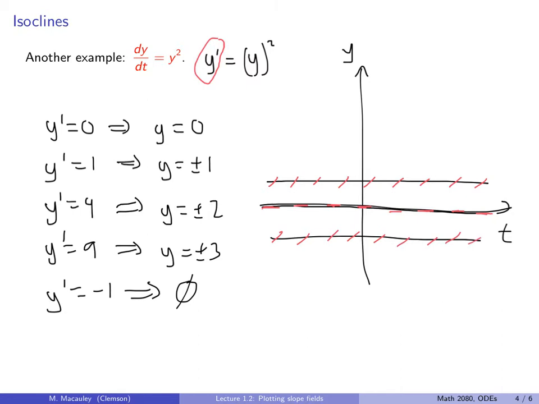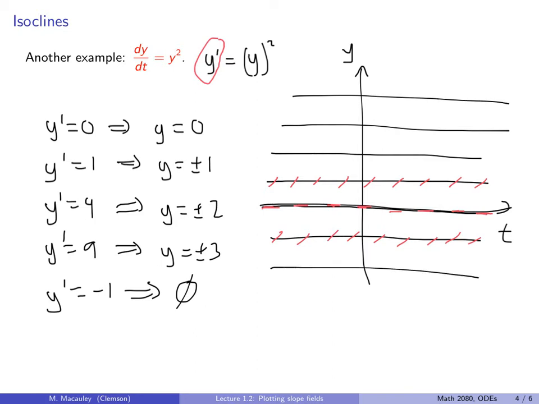Actually I didn't need to draw all those lines, but when y is plus or minus 2, the slope is 4. So along here the slope is 4. That's very steep.